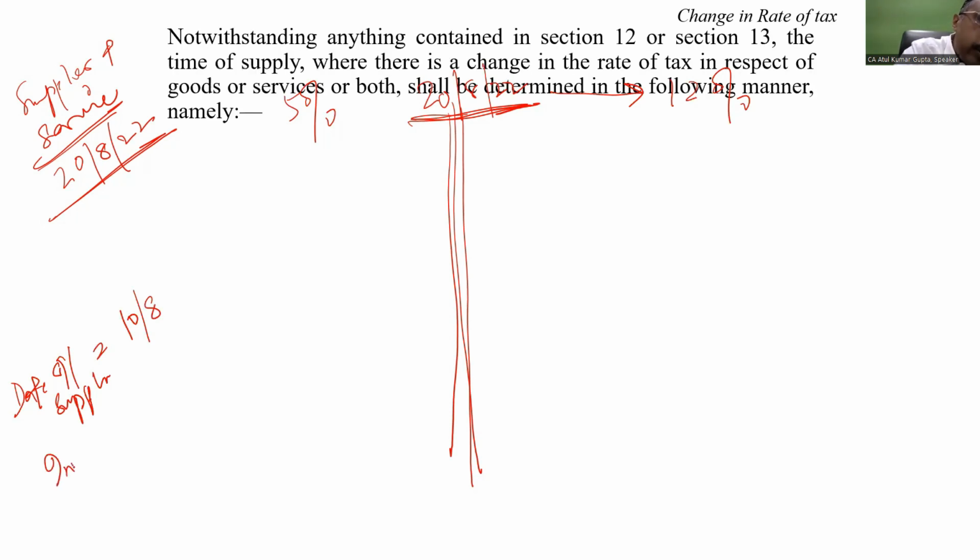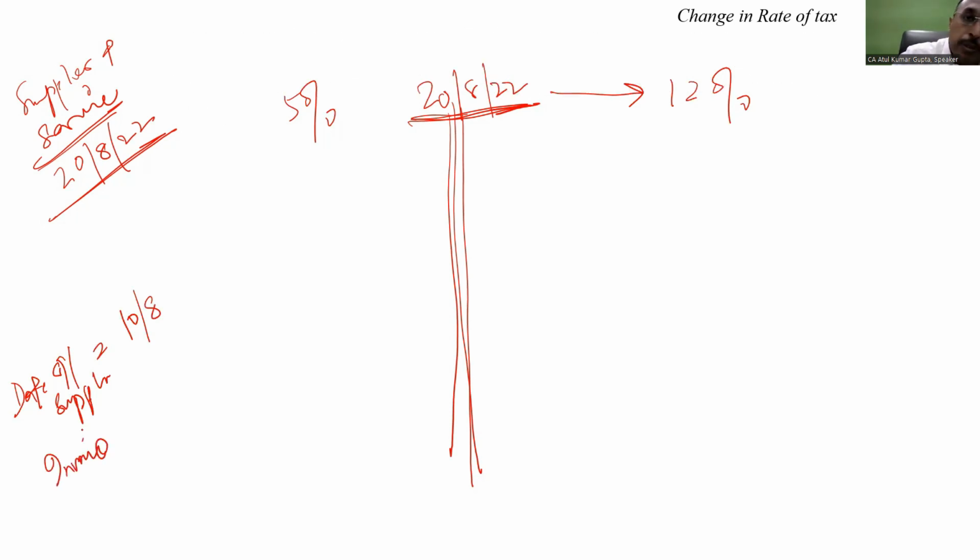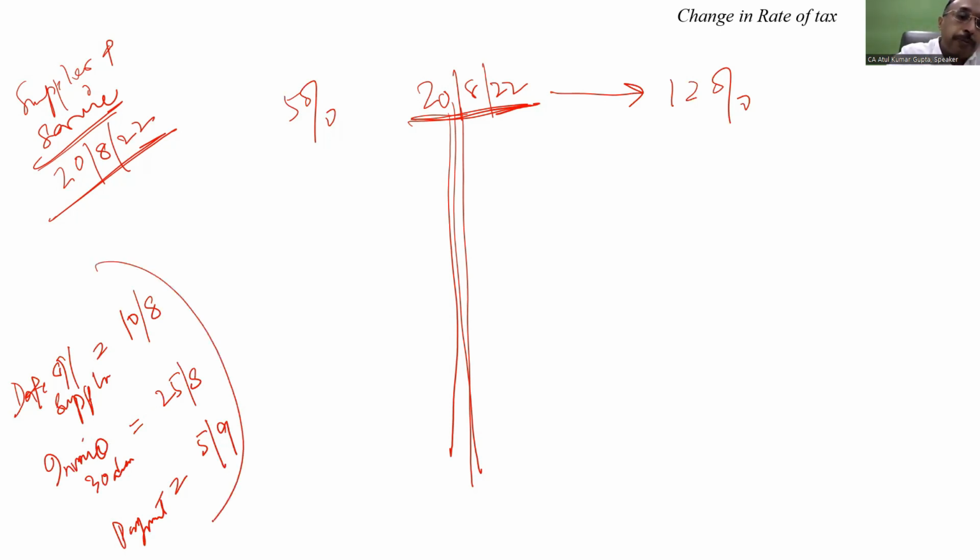But the invoice, because I have 30 days time, was issued on the 25th of August, and the payment was received on the 5th of September. Now, what will be the rate of tax applicable on this transaction?